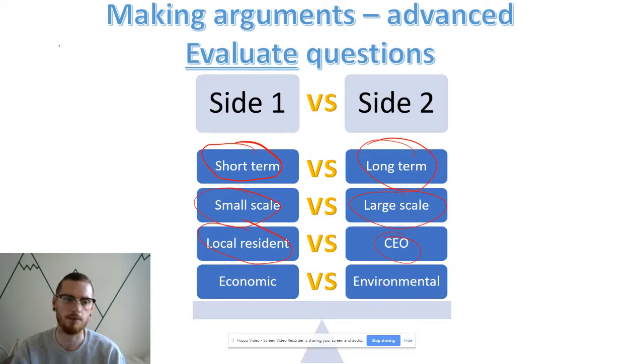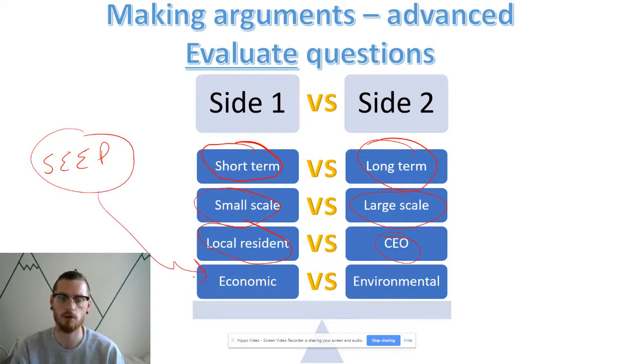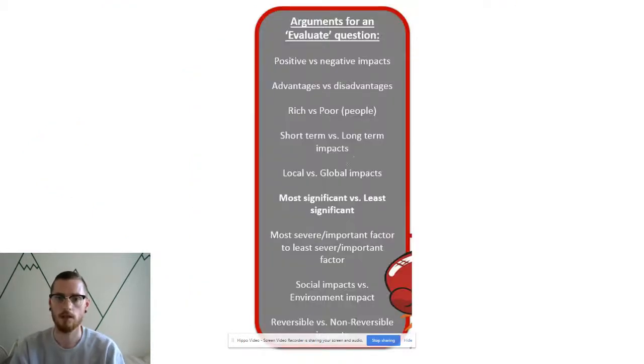You could break it down into SEEP, okay? SEEP here is referring to social geography, economic geography, environmental geography, and political geography. So you could use SEEP, and you could have 2 elements of SEEP, social versus political on one side, the other side of the argument economic versus environmental, okay? Other ones, here, some other ideas.